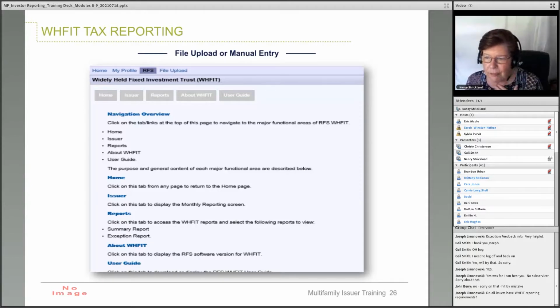The WIFIT module also provides several feedback reports of the data that you submitted. Summary report, an exception report, summary and detailed compliance, along with a late submission report. Once you have reported data through RFS, you must continue to report that data every single quarter.